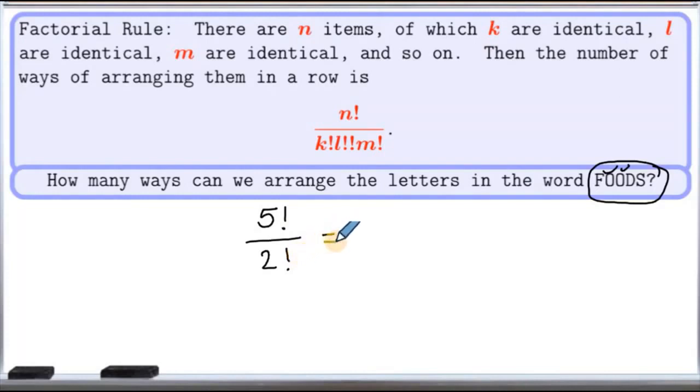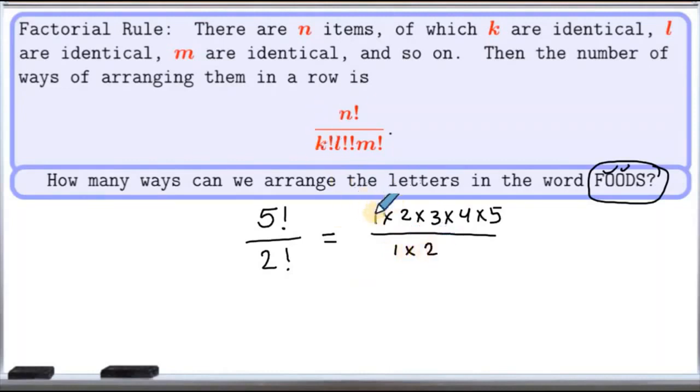Now let's try to solve this. 5 factorial is the product of numbers from 1 to 5, which becomes 1 times 2 times 3 times 4 times 5, over 2 factorial, which is the product of numbers from 1 to 2. So that is 1 times 2.